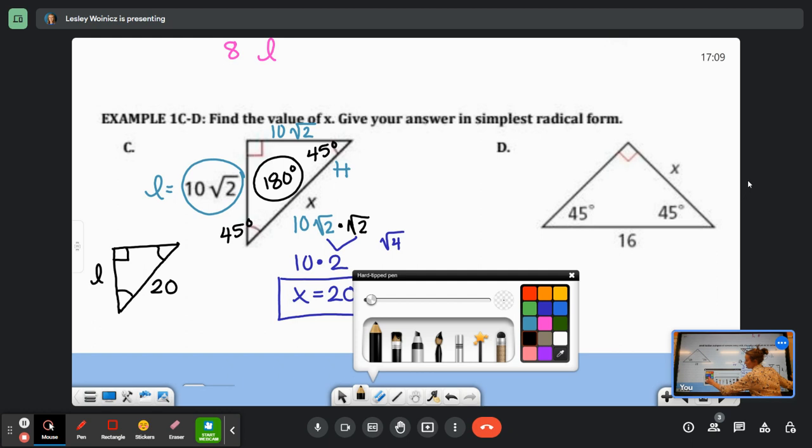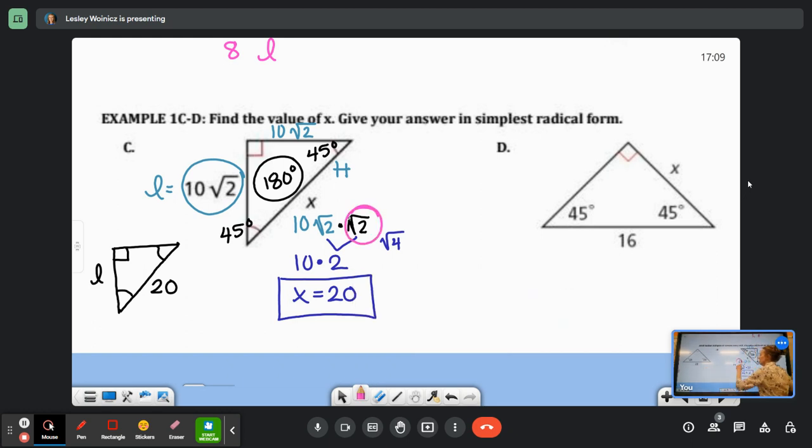Well, I have to take out this square root of 2 that's been multiplied in there. Instead of taking L times root 2, I would take my hypotenuse and divide by root 2. So that gets us into a position where we have to rationalize our denominator, which is why we did that in our review on the first day of notes. So root 2 on the bottom, root 2 on the top.